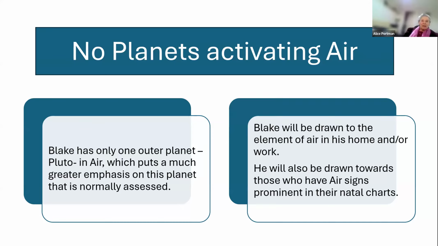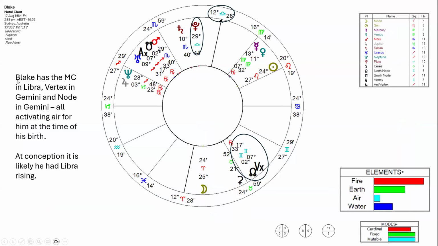Which gets me to the complementary thing, which we'll get to in a bit. But remember that it's not that they haven't got it. So Blake is always drawn to the element of air in his home or work, drawn towards those who have air signs prominent in their natal charts. She has it in spades. She's very, very airy.